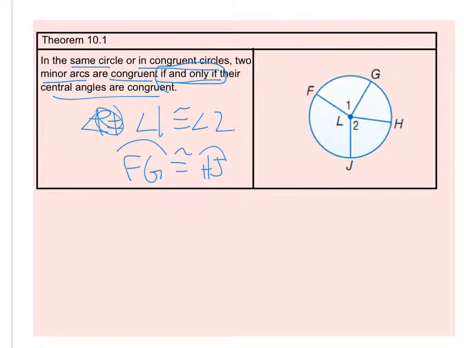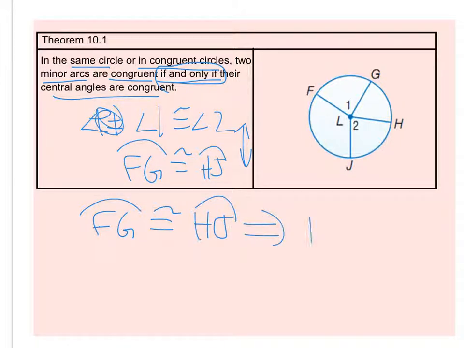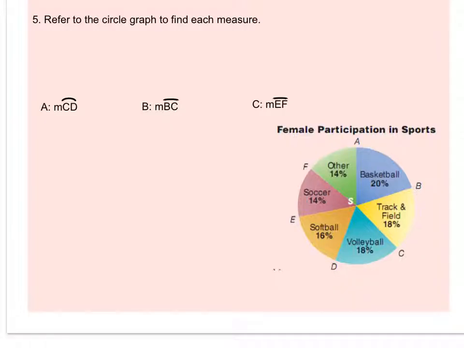It works this way and it works the other way. If I said arc FG is congruent to arc HJ, that tells me that angle 1 is congruent to angle 2.